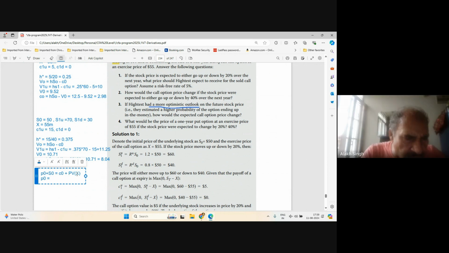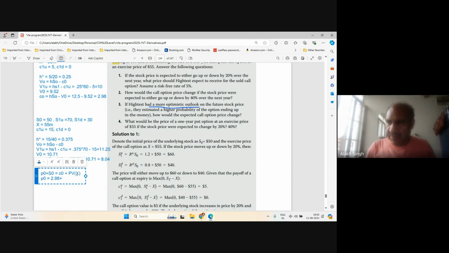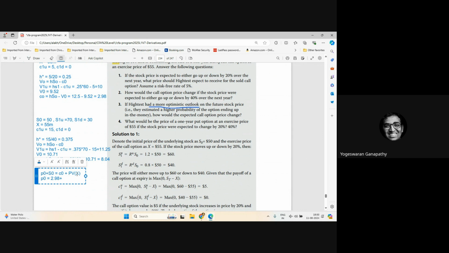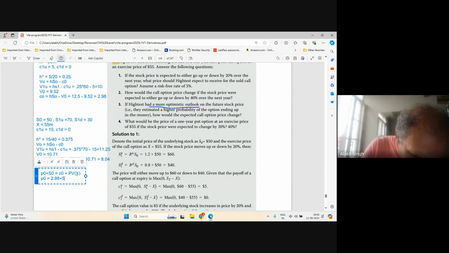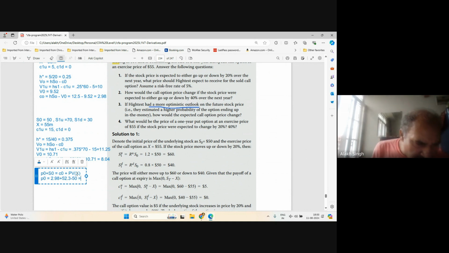So 2.98 plus present value of X: 55 divided by 1.05, which is 52.3, and minus S0, which is 50. So what does it come out to?